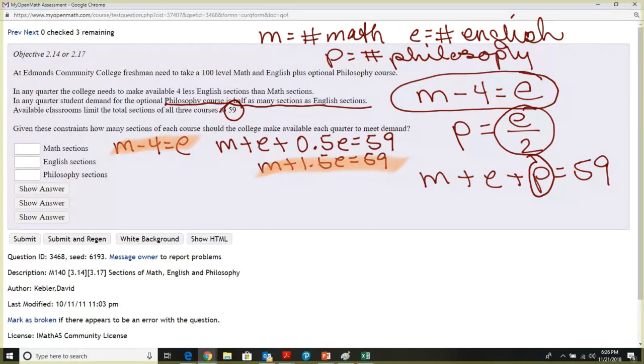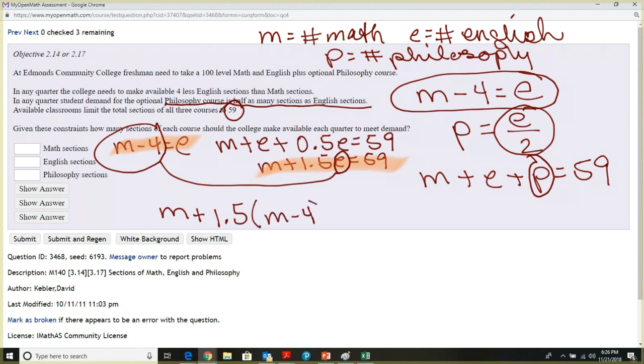So we can, well, heck, that first one's already solved for E. So why don't I just plug this in for that E right there? So M plus 1.5 times E, which happens to be M minus 4, is equal to 59.